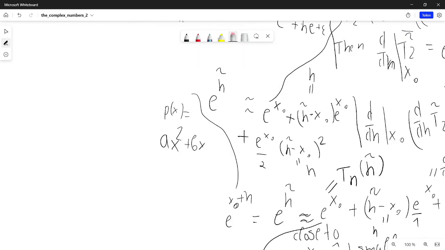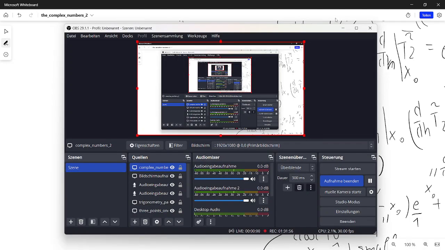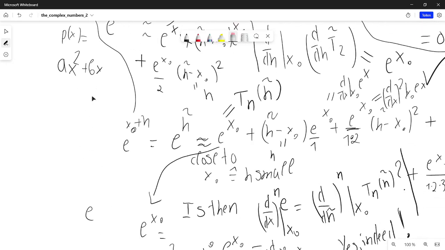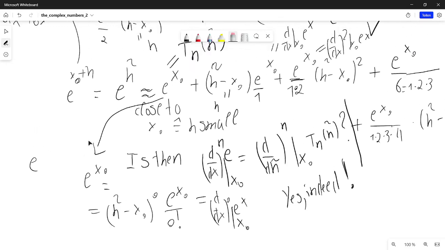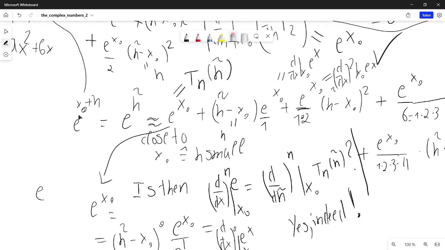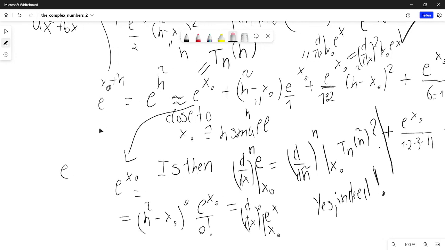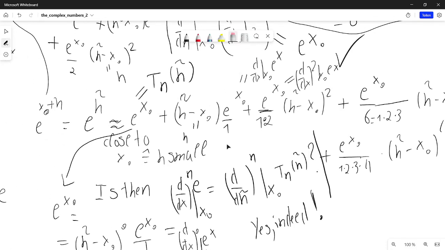All right. Then we'd like to extend this approximation to larger values of h, right? How do we do that?